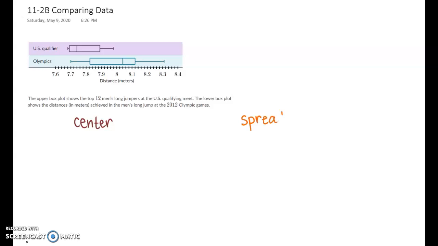For center, you might be looking at the median, you might be looking at the mean. It's even possible you could be looking at the mode, but that's unlikely.